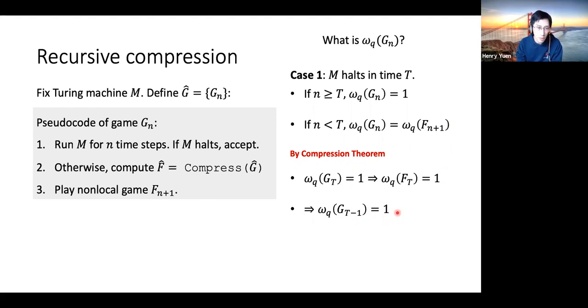And so you can imagine where this is going. You just repeat this argument all the way down to G sub 1, and for all n, G sub n has value 1. Okay, so this is the analysis in the case that M halts in some time. So all these games have tensor product value 1.